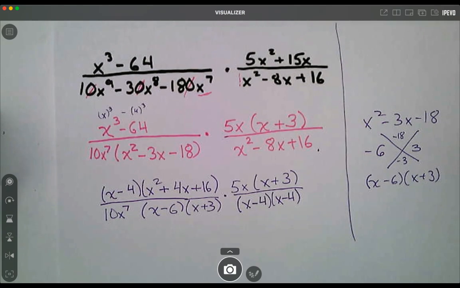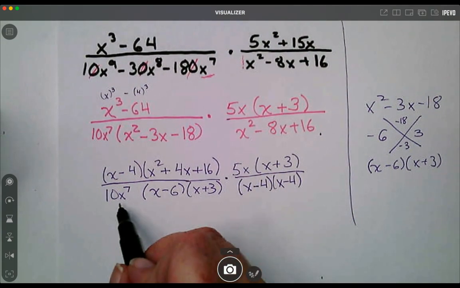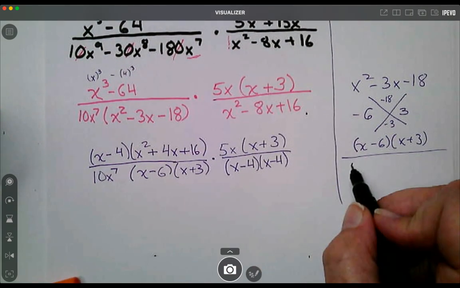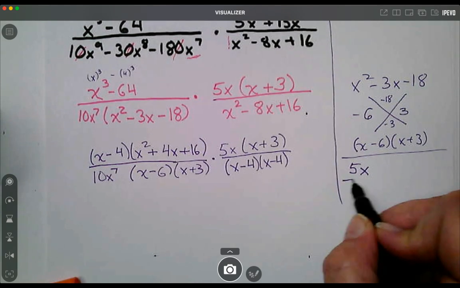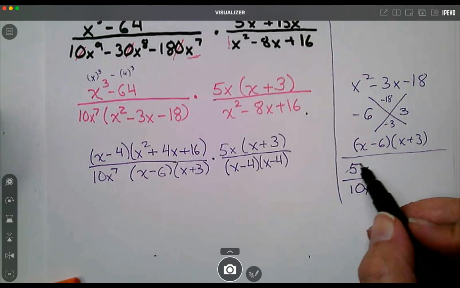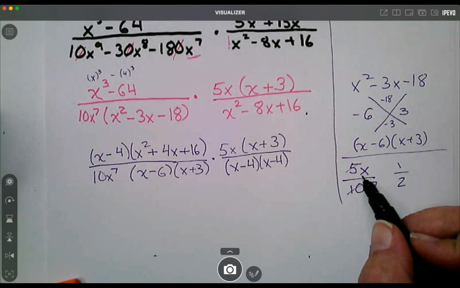Oh, and I'm ready to cancel. I'm going to look at my monomials first. Some people are more comfortable doing the monomials as side work. So I could write that 5x over the 10x to the power 7. Divide top and bottom by 5. That would get me 1 over 2.